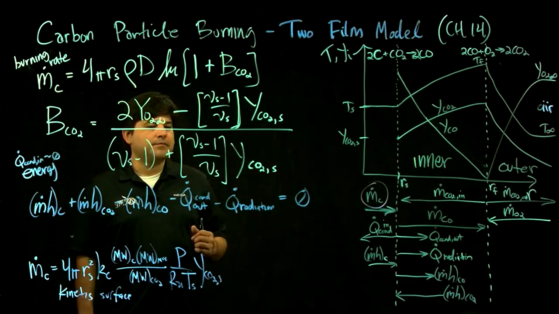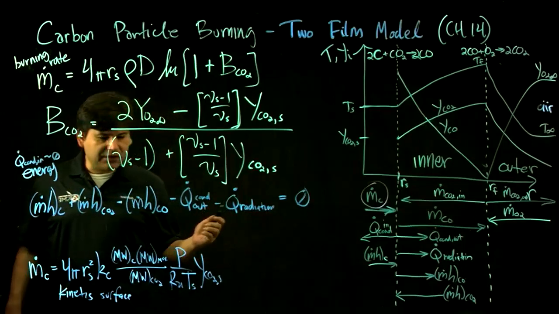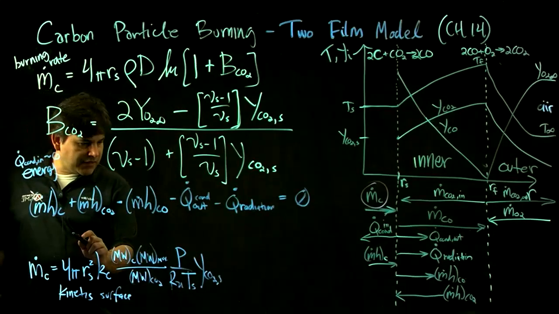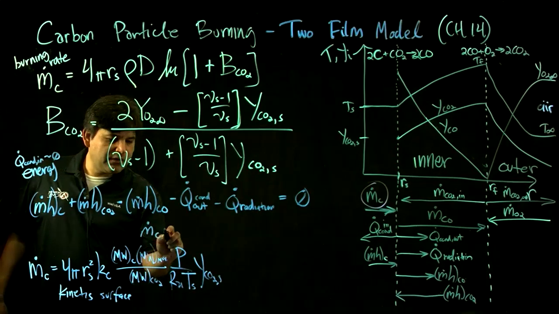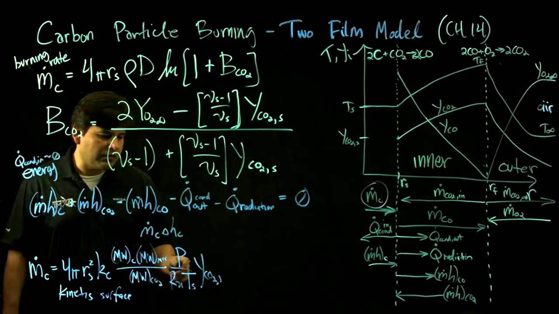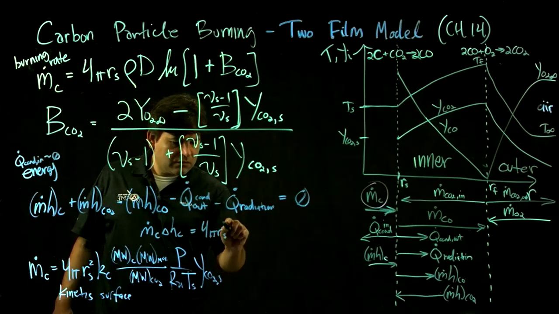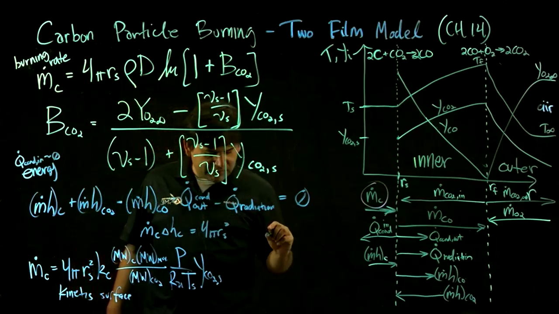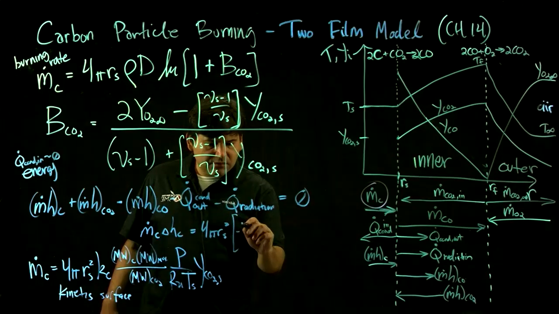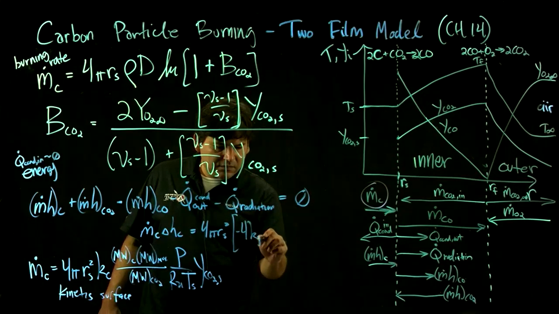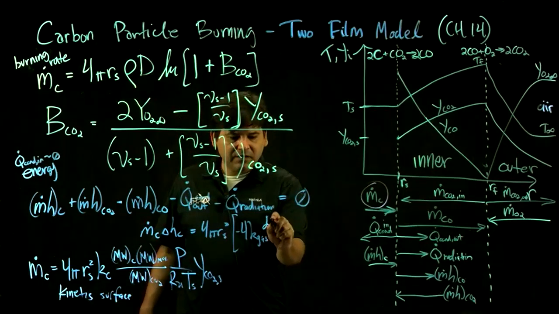And that should give you this balance at the end, that the burning rate of carbon times the enthalpy of combustion of carbon equals this balance here, where it's this conduction effect. So we're just applying Fourier's law of conduction here.